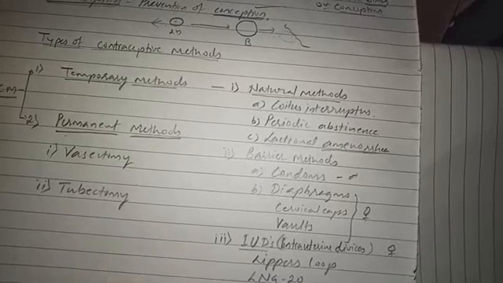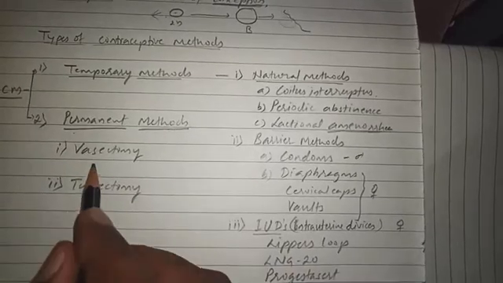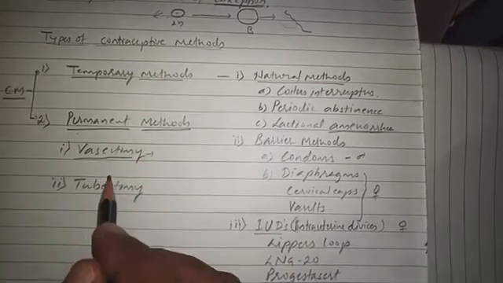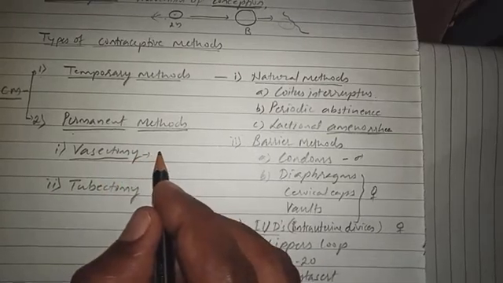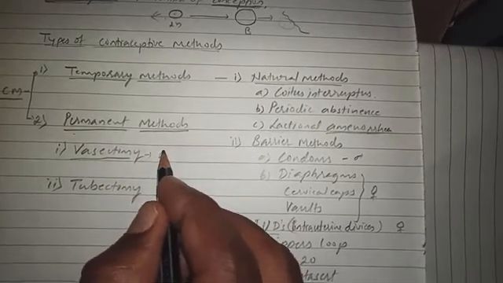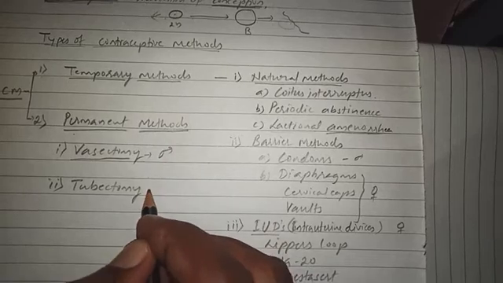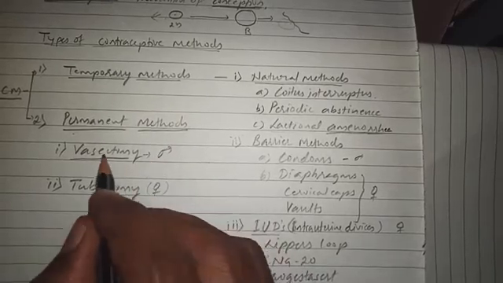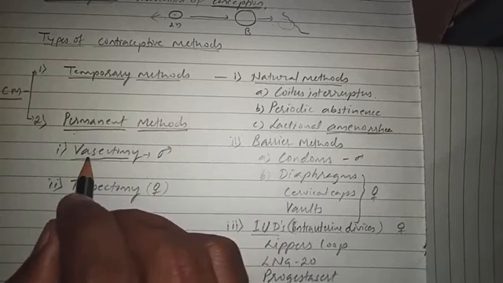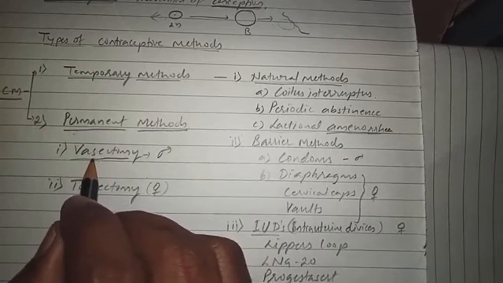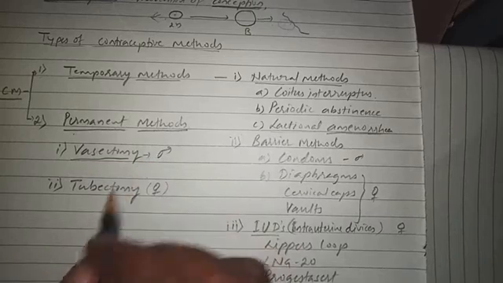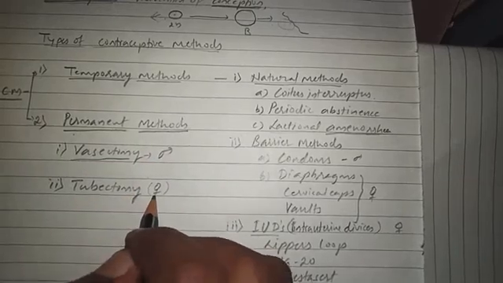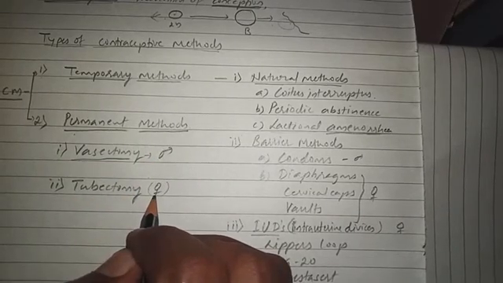Vasectomy is used by males, and tubectomy is used by females, right? Vasectomy is done on the male partner, and tubectomy is done on the female partner.